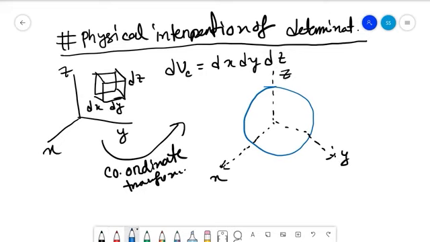And in the sphere, that is in the spherical polar coordinate, we have an r direction that points radially outside, the theta direction that makes an angle theta between the r and the z, and a phi direction like this.